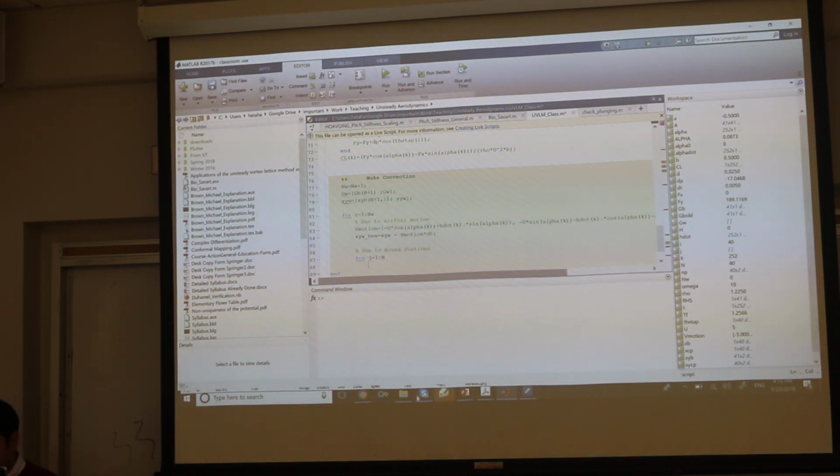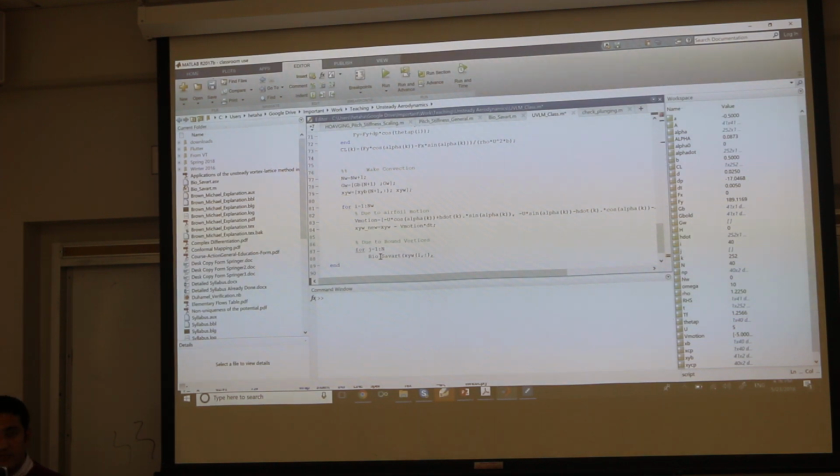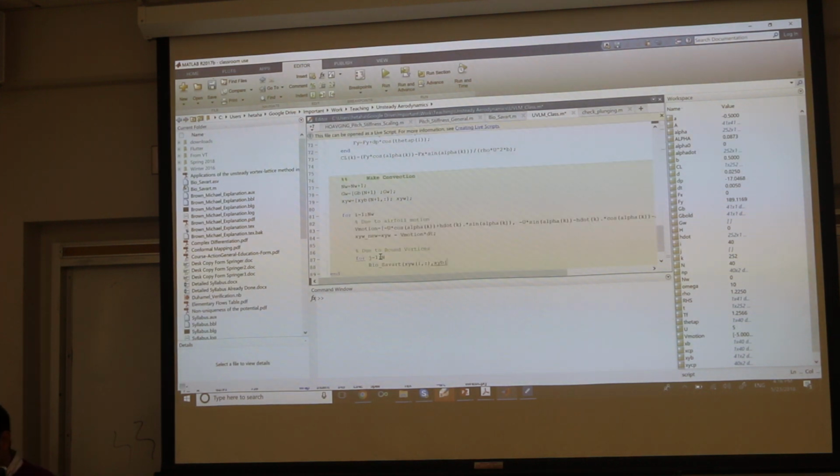For each one, I will do the Biot-Savart. It takes two things: xy of the point, which is the wake point, so xy wake of this guy, and the vortex location, xy bound of J.